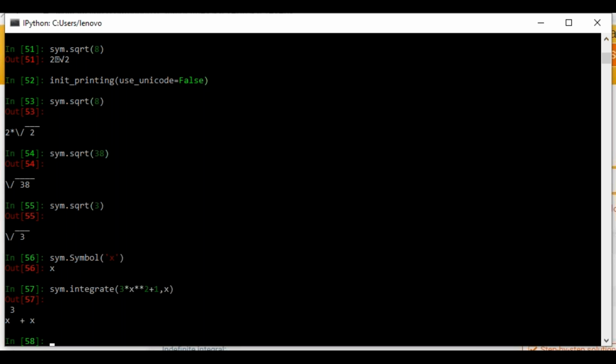If you find the derivative of x cube plus x, we get 3x square plus 1. Therefore, only x is here: sim dot Symbol with capital S, x in brackets, then sim dot integrate of 3x square plus 1, that is our function, comma x, gives the analytical solution, the integral of this function.